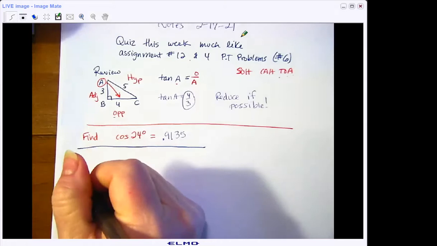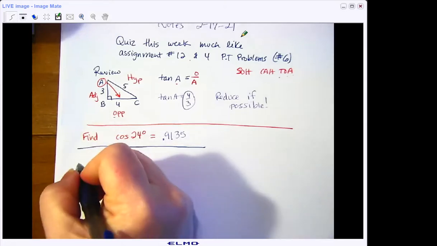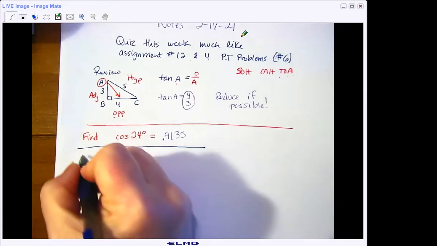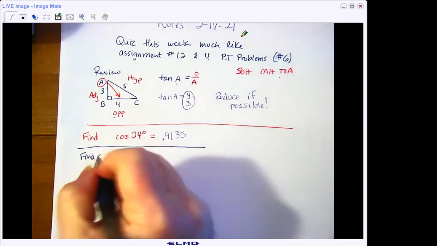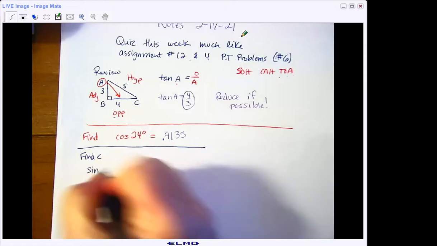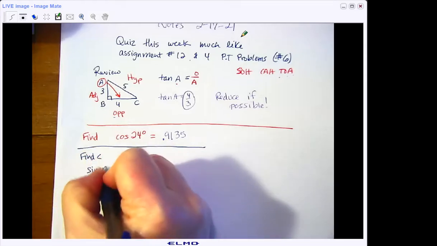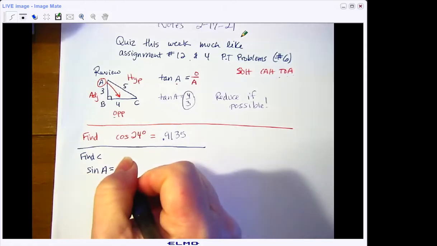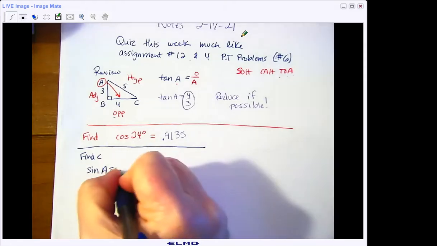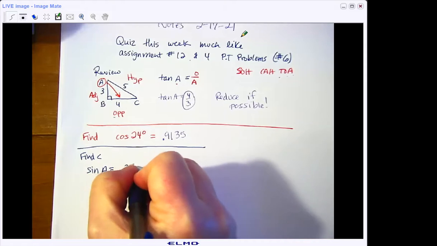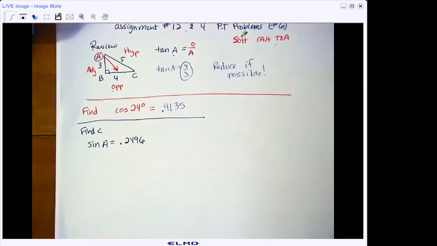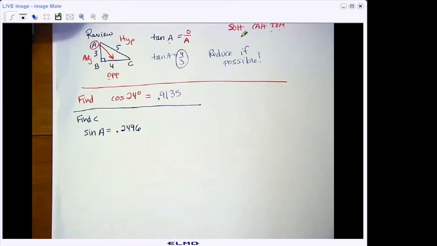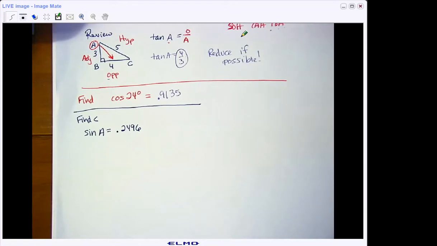And then if we wanted to find the angle, and I tell you that I've got the sine of angle A is equal to 0.2496. And I just made that up, so it might not actually be a very good example.